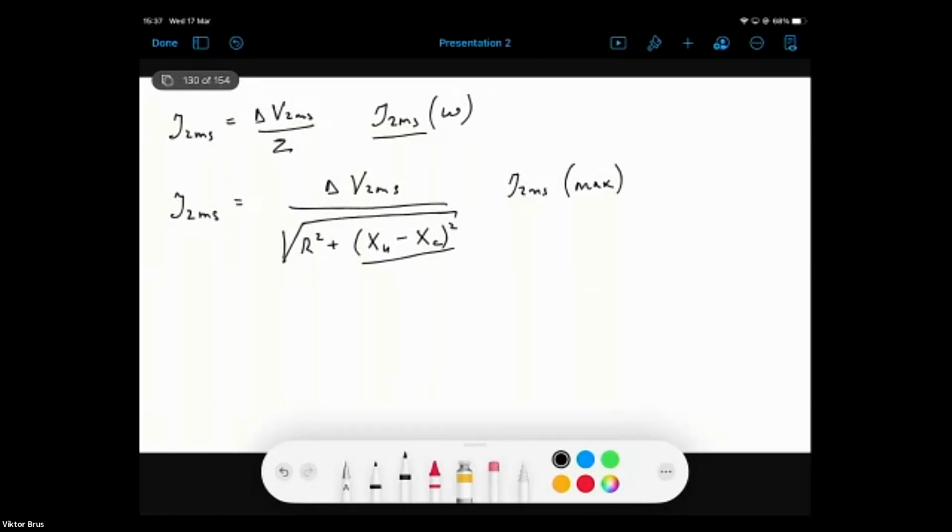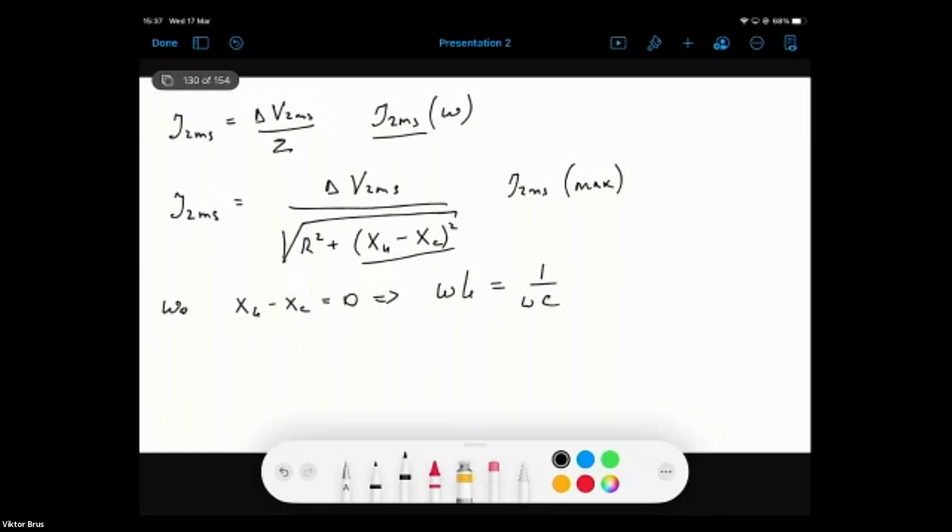So at some frequency, which is called omega naught, XL minus XC is equal to 0, which means that omega L, which stands for XL, is equal to 1 over omega C, which stands for XC.